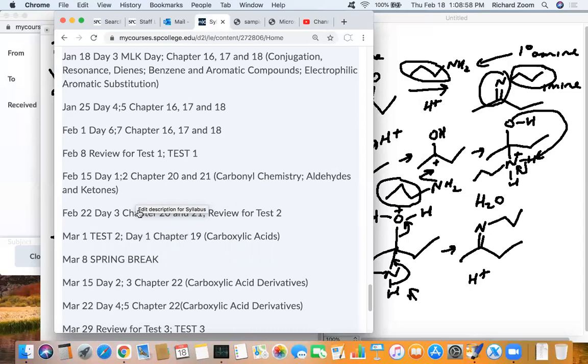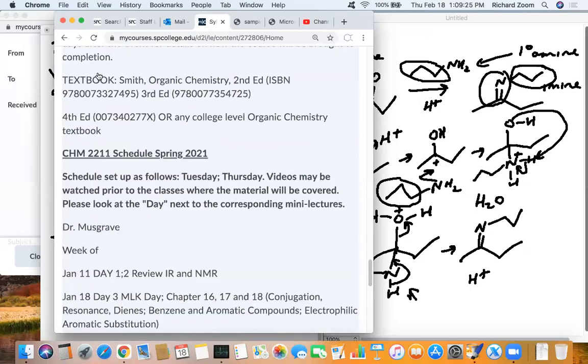And then in the rest of the time, I'm going to be focusing on synthesis reactions and the roadmap. And also there's going to be an NMR question on the test, which some people are groaning about already. But some people are going, yay. Some people are going, no. All right, so just be aware of what's coming up here.